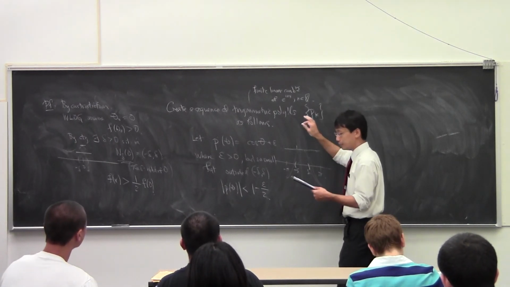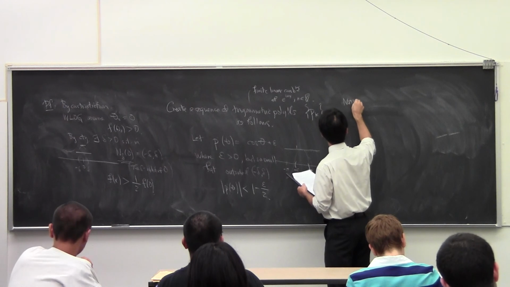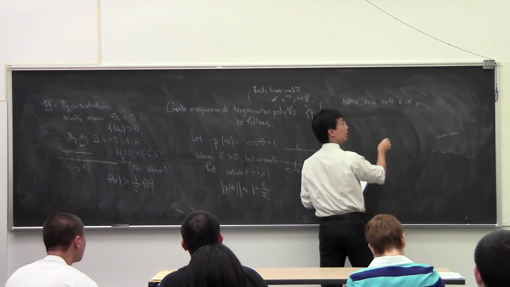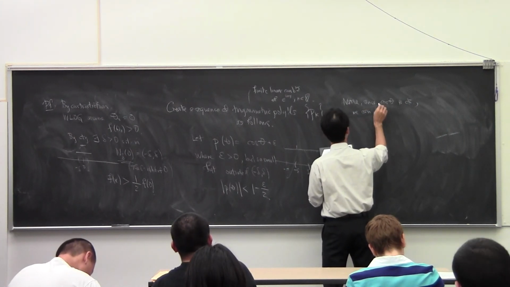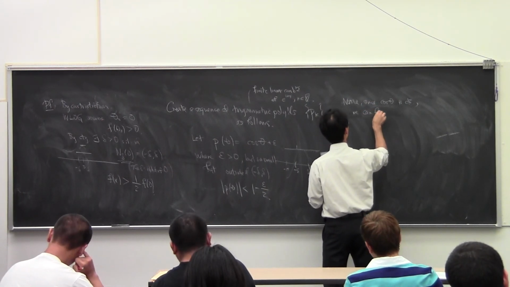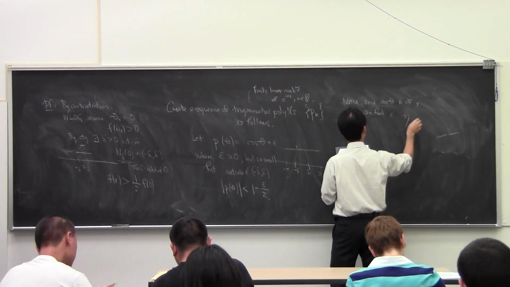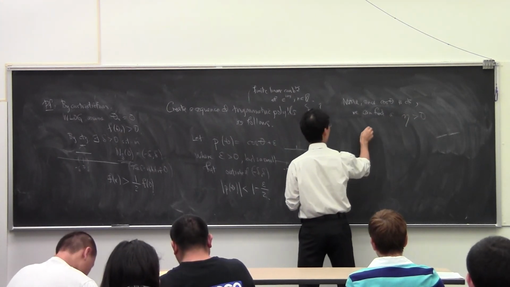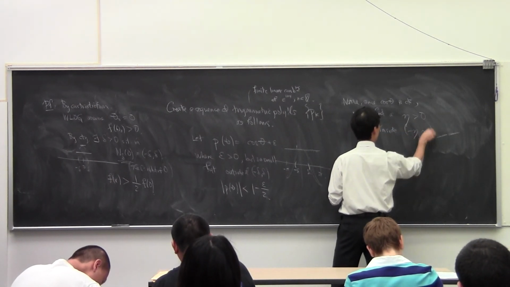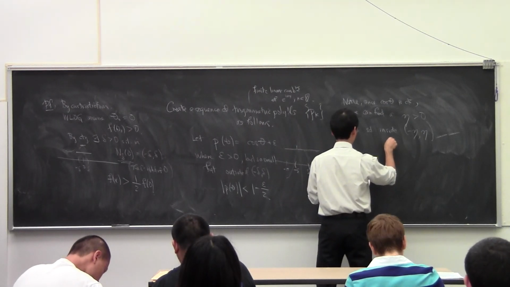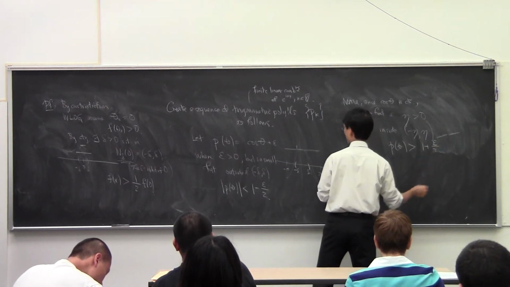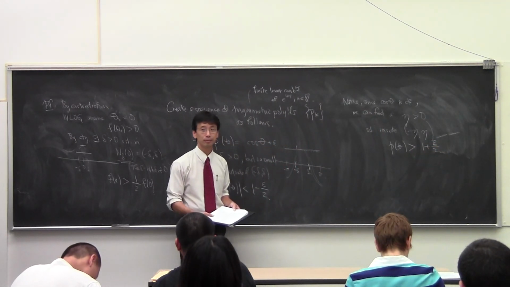Second thing we do, so that's our choice of epsilon. Notice, since cosine is continuous, we can find a tiny eta so that inside minus eta to eta, the function, which is positive, exceeds 1 plus epsilon over 2.